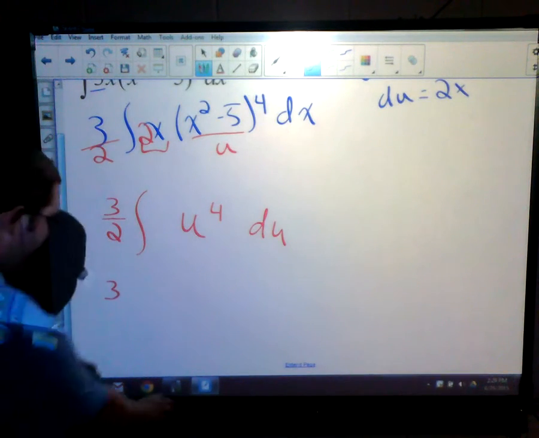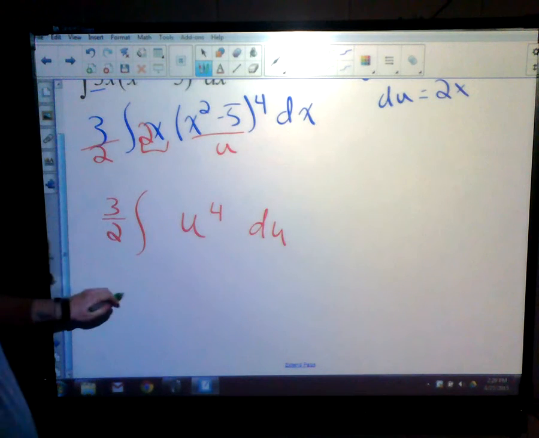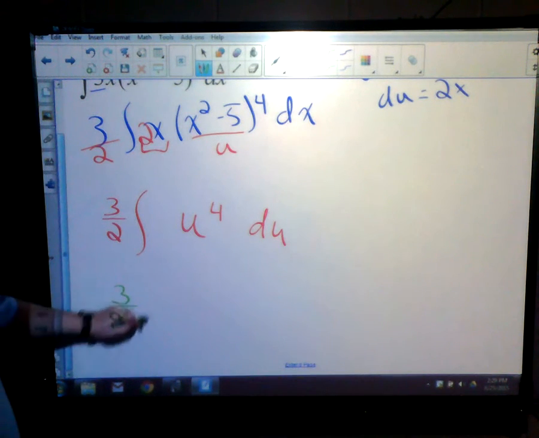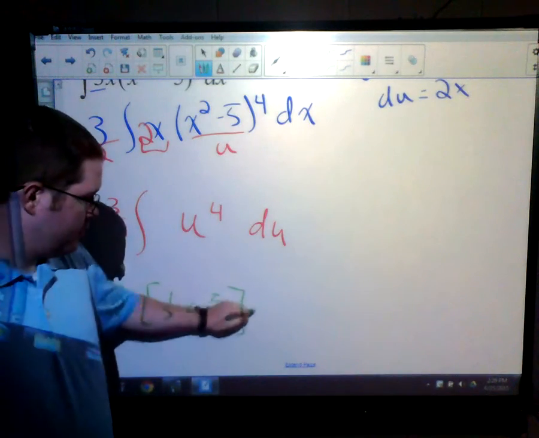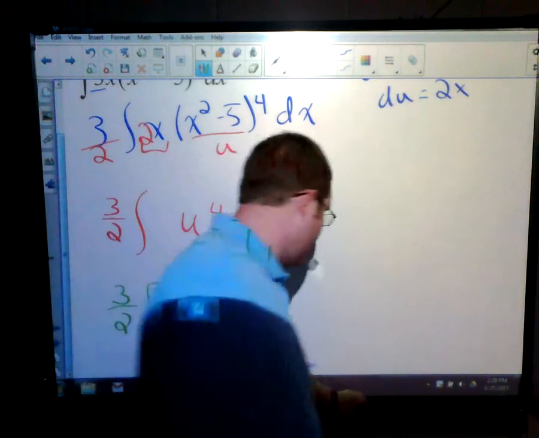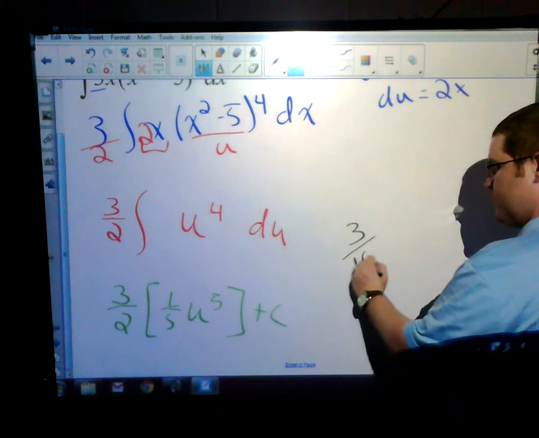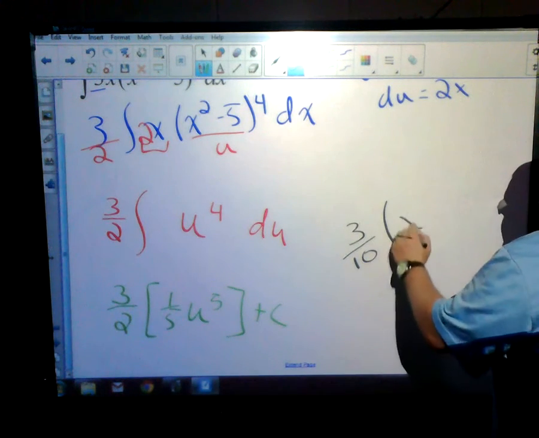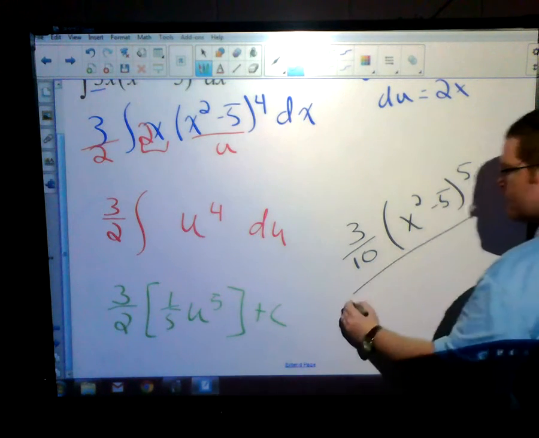This is 3/2 times 1/5 u to the 5th plus c. Please don't ever leave your answer like that. That is 3/10 (x squared minus 5) to the 5th plus c.